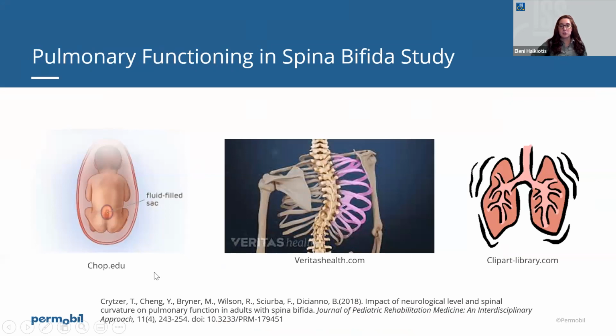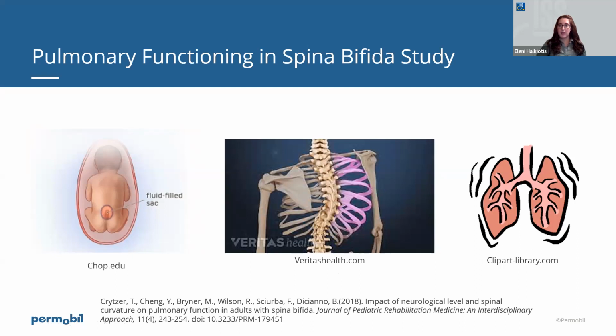An excellent study was published out of the University of Pittsburgh in 2018, and it was led by Teresa Kreitzer and colleagues, including one of our keynote speakers from this morning, Dr. Brad DiCiano. The study investigated the relationship between pulmonary functioning and the population of clients who use wheelchairs with the diagnosis of spina bifida.